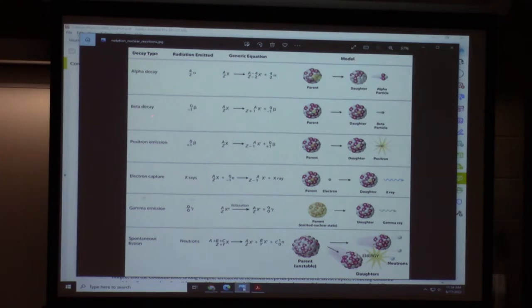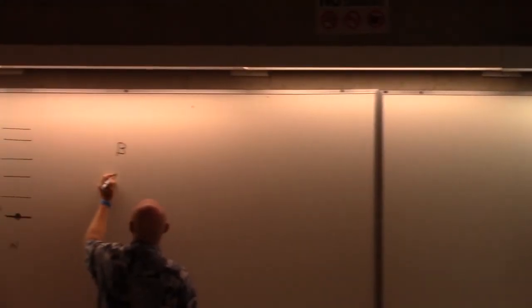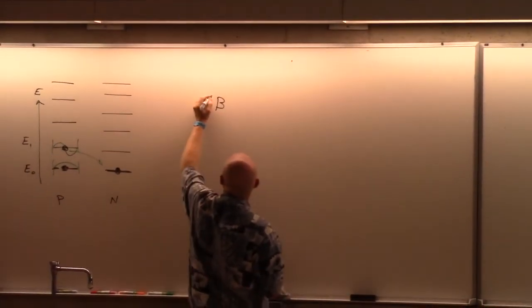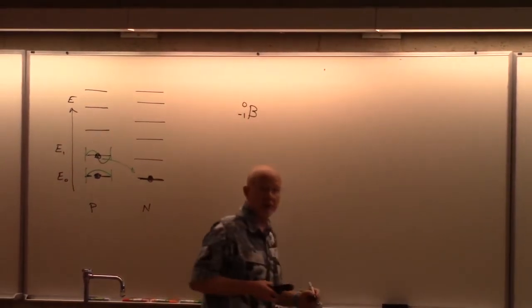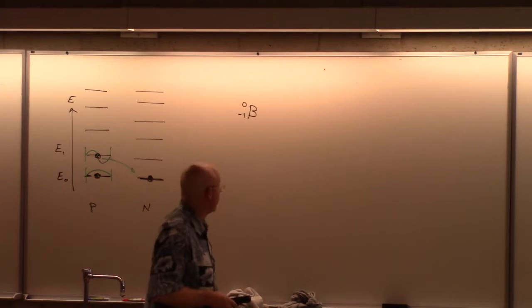Okay, right here. Since it is a beta, here's the symbol we're going to use. So we're going to say it is a beta particle, and we are going to give this numbering to it, a 0 and a 1.